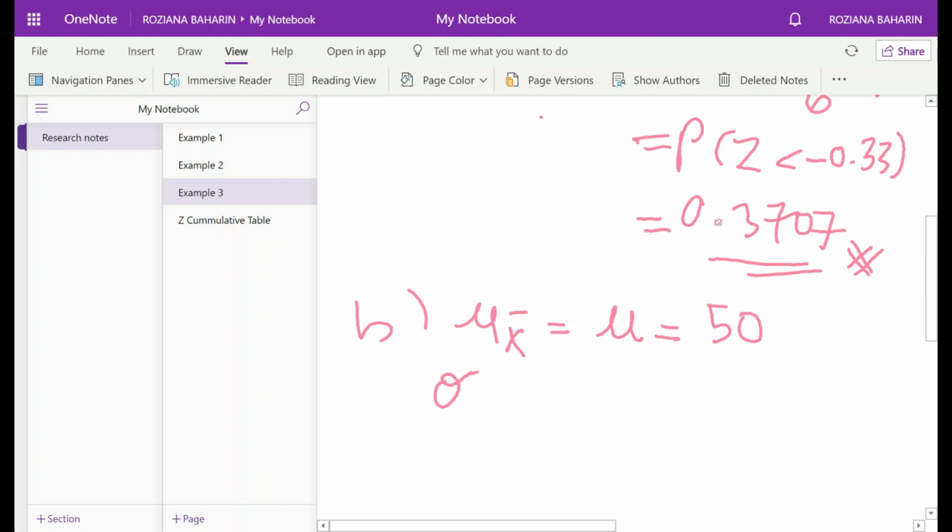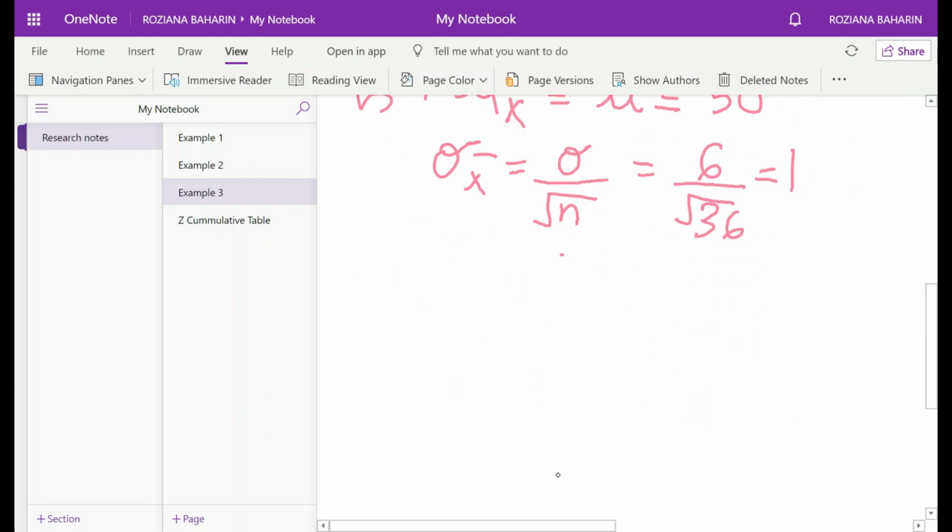Your standard deviation of your sample mean is equal to this equation, standard deviation divided by the square root of your sample size, which is 6 over square root of 36. So obviously this is 6 over 6, you get 1. So you see the difference here? So now you try to find the probability of, see how you denote here, X bar, because this is sample mean, less than 48.